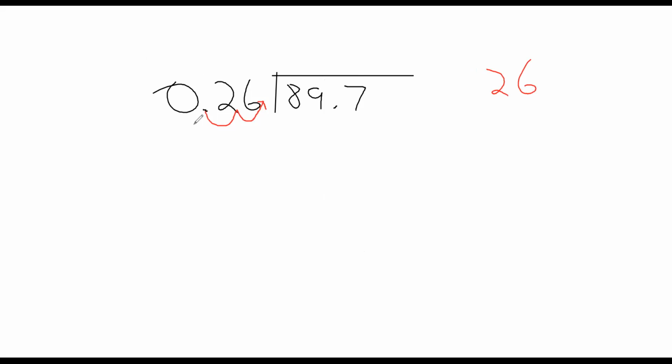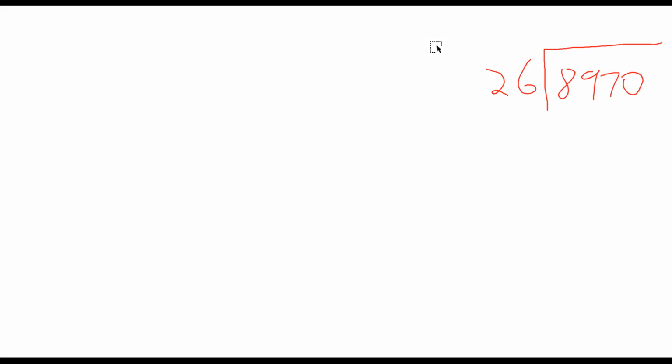I move it the exact same number of spots that I moved this one. This one has to move that same amount whether you like it or not, whether it leaves you a decimal point or not. And that means I need to fill a 0 in here. So in actuality, the division I'm doing is 26 into 8,970. Everyone say cool. And now we can say the decimal is gone.